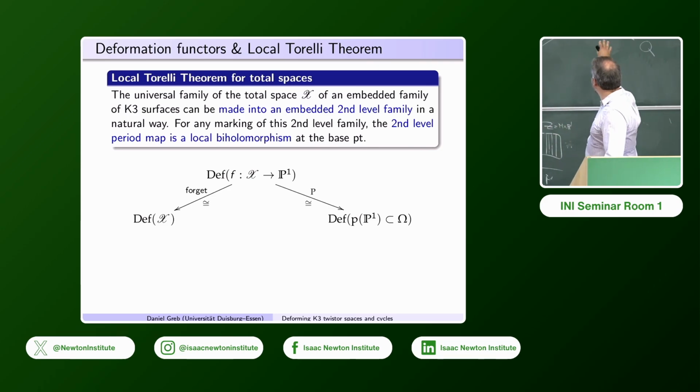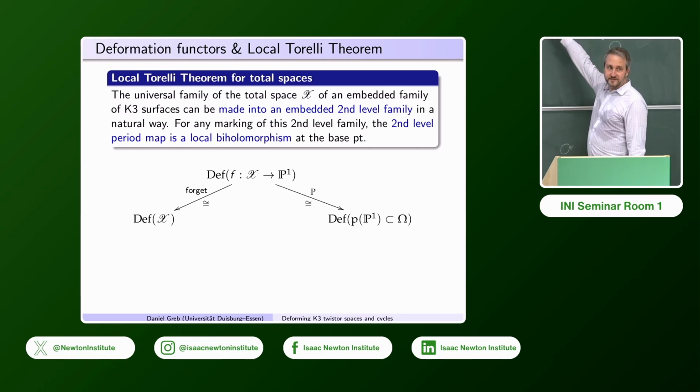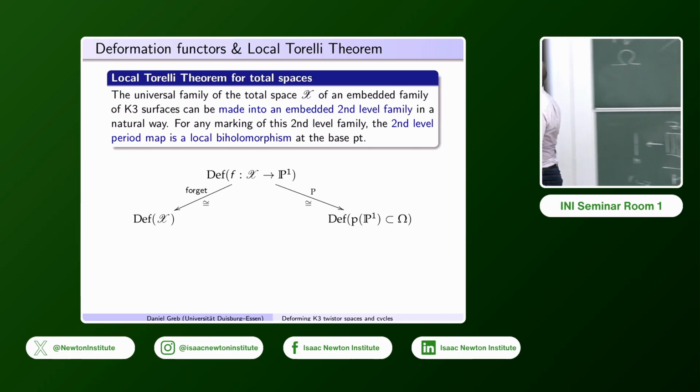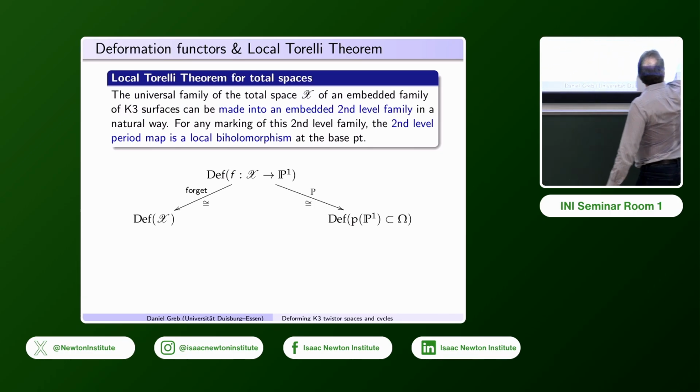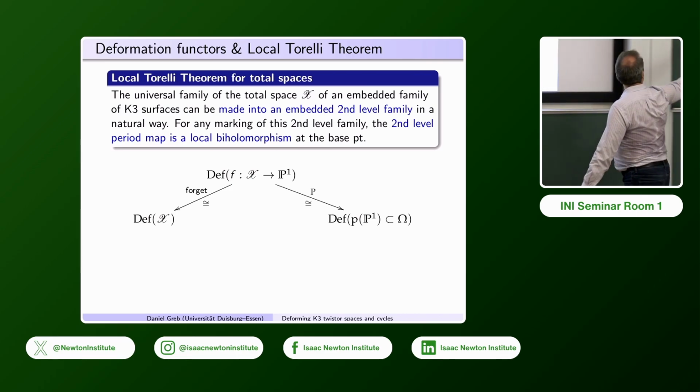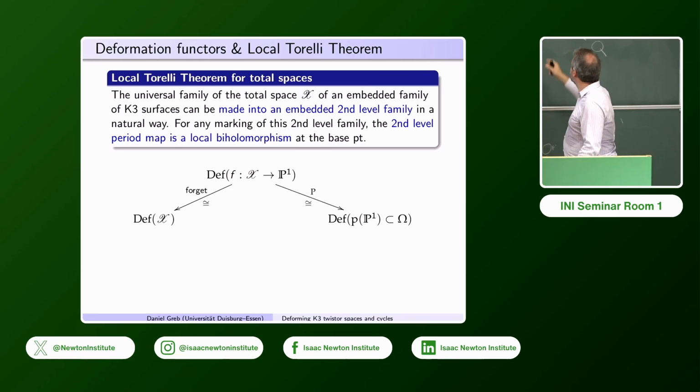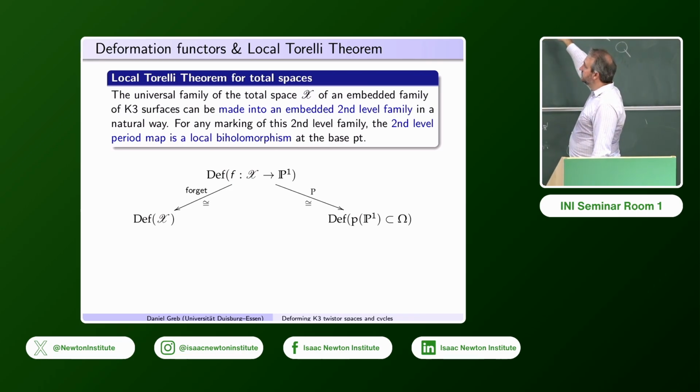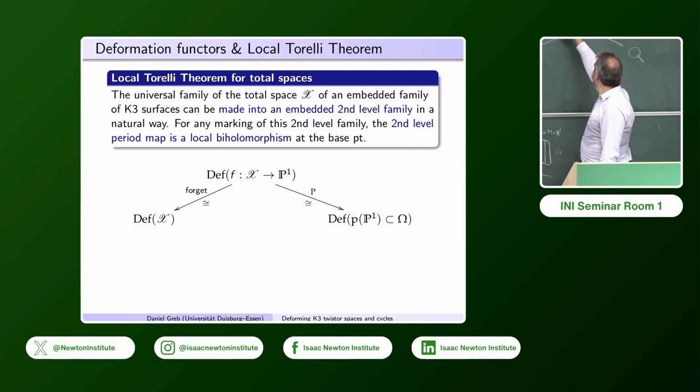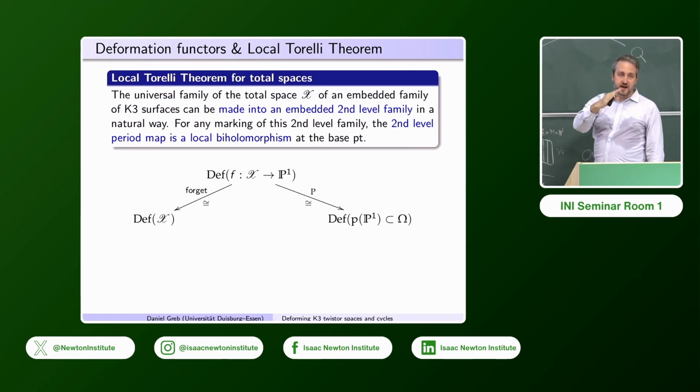This will map to this extremely concrete space. You should consider this as most abstract and this as most concrete. And the period map also gives you an isomorphism to the deformation just of this embedded P1 in the period domain, which was realized by just moving a positive plane around.